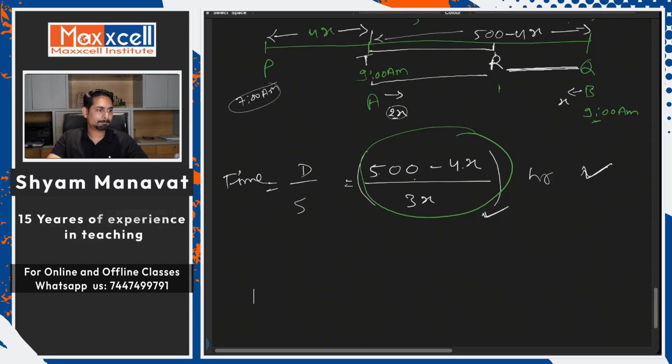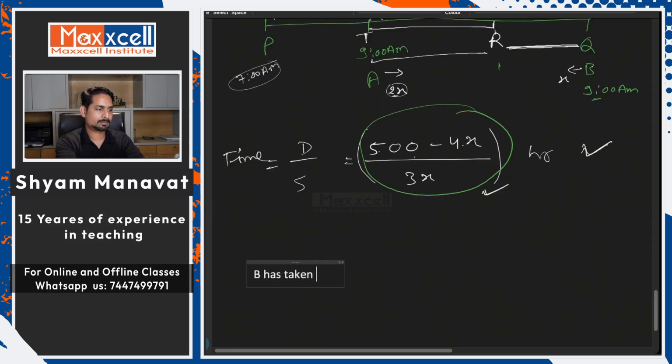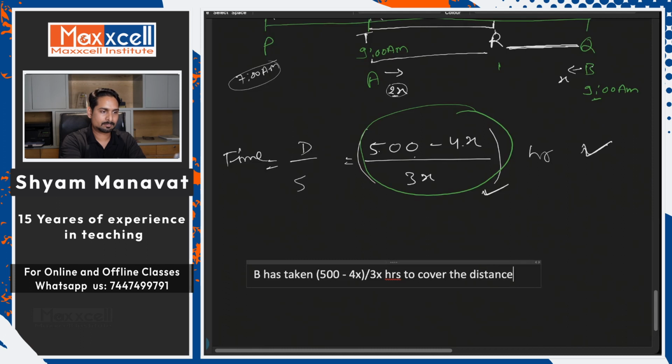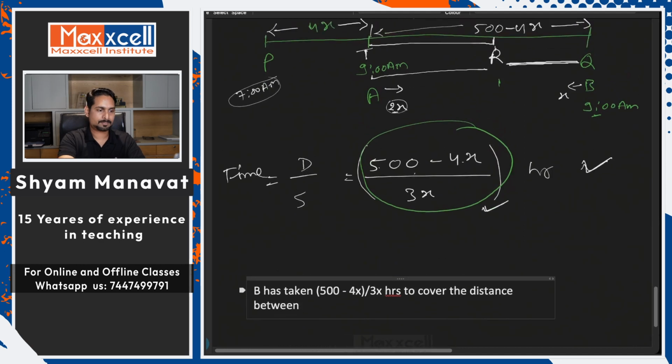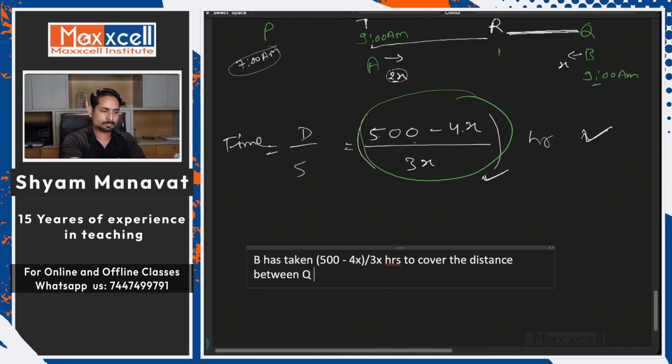What I am trying to say is, B has taken (500 minus 4x) by 3x hours to cover the distance between Q to R.